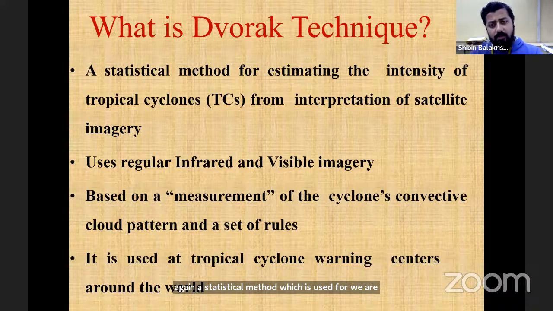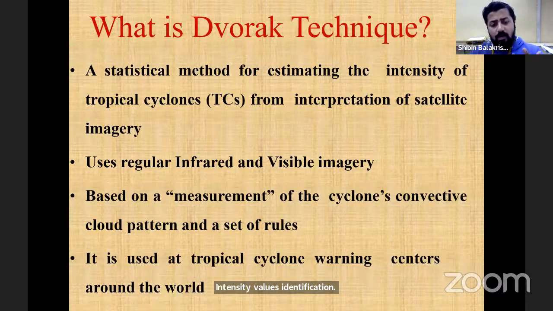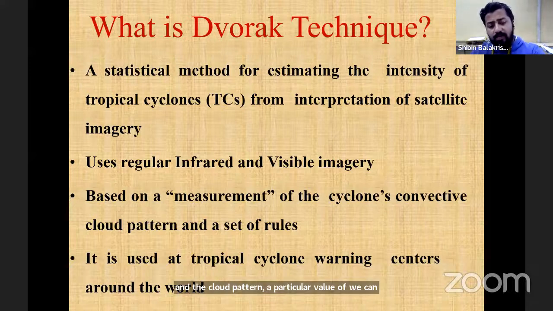The initial Dvorak technique uses the visible and infrared channel imagery for intensity identification. Based on the cloud pattern, a particular value, or we can call it the current intensity, is derived, and that is finally comprehended into the center of the cyclone.